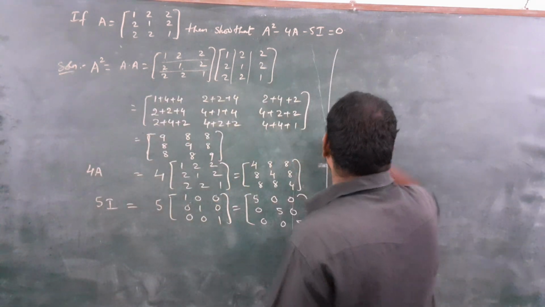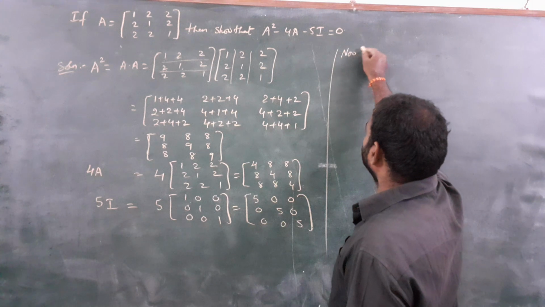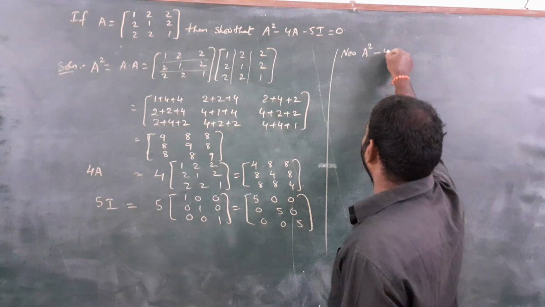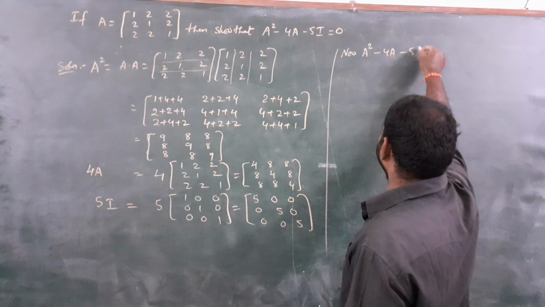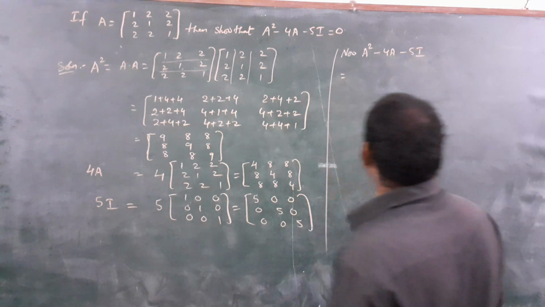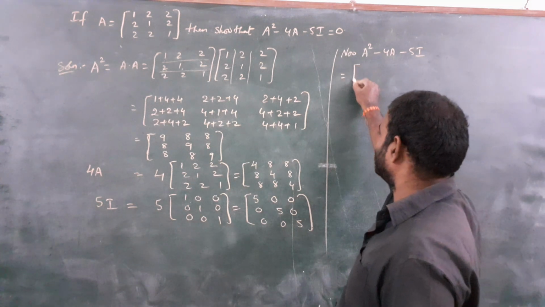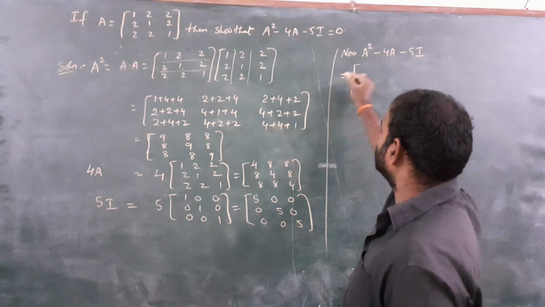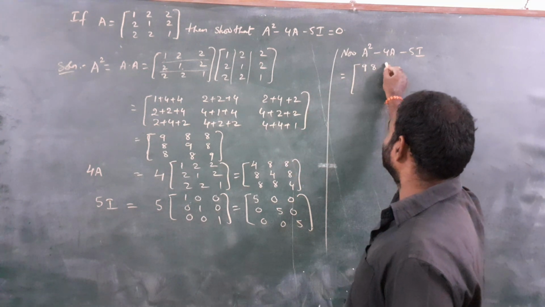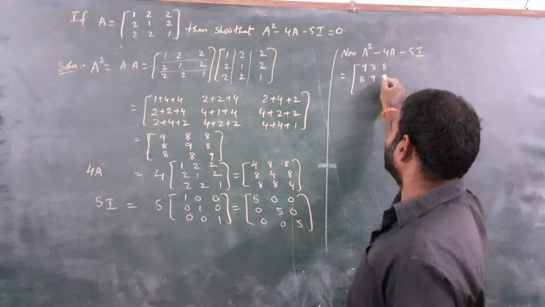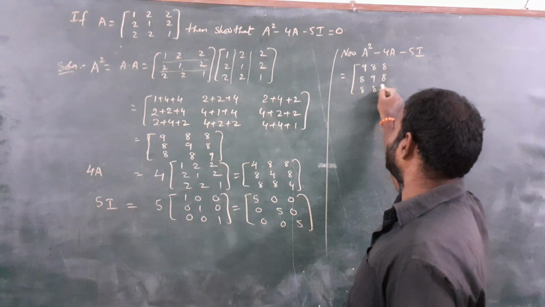Now what are you going to calculate? You are finding A square minus 4A minus 5I. What is A square? Already calculated: 9 8 8, 8 9 8, 8 8 9.